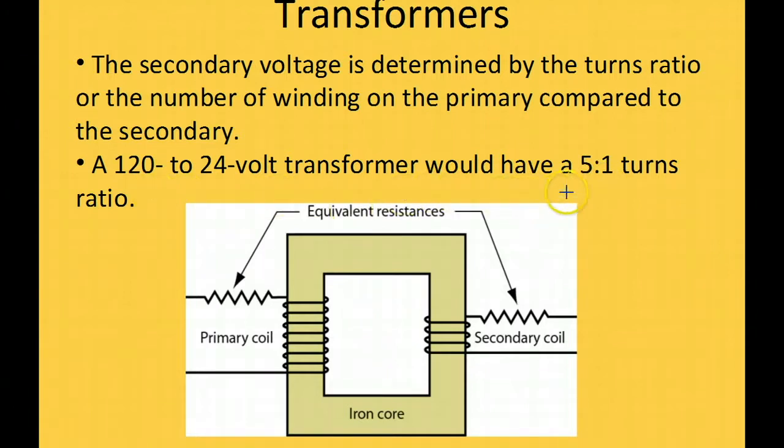But in HVAC we use the 5 to 1 turn on the primary and secondary coil in a 120 volt system. So what would it be if we had a 240 volt primary coil? To get it down to 24 volts, we would need to use a 10 to 1 turn transformer, and that's how that works.